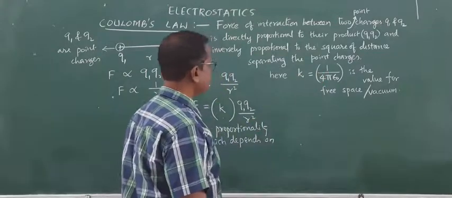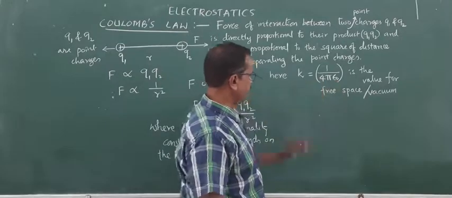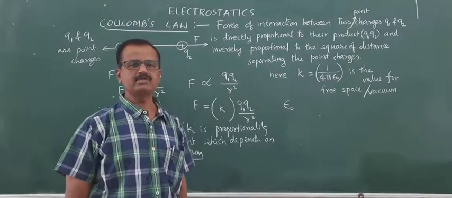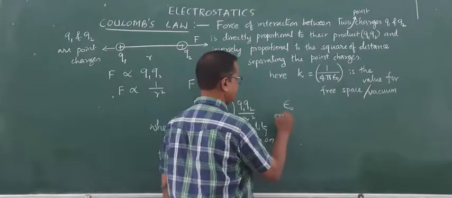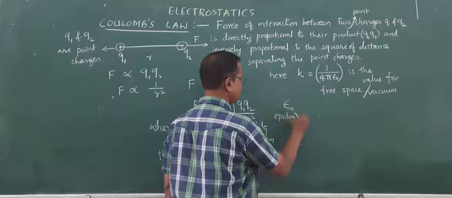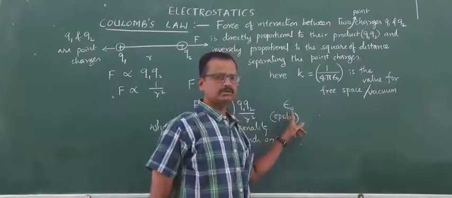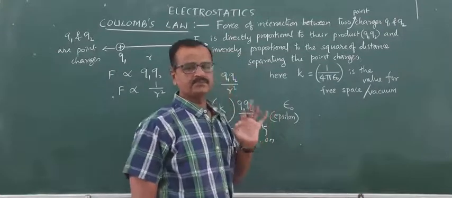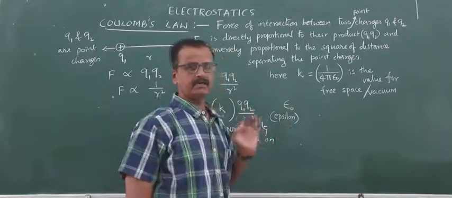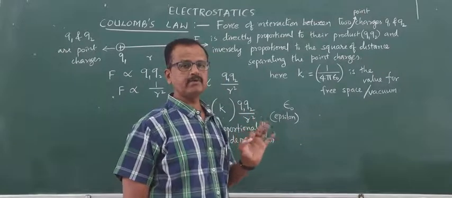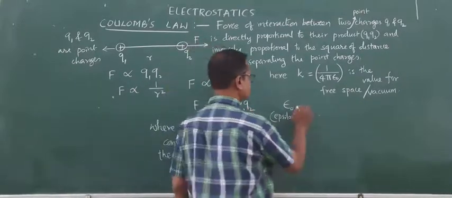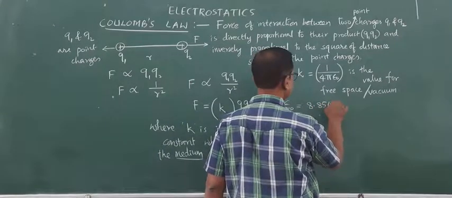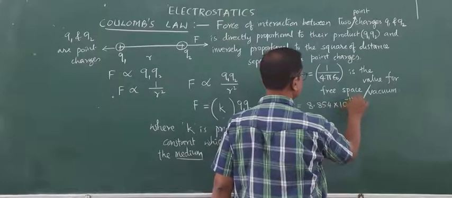Now in this case we have written epsilon naught, pronounced epsilon, E-P-S-I-L-O-N. Epsilon naught is the constant for free space. It is called the dielectric constant for free space. Its value is 8.854 into 10 raised to minus 12.